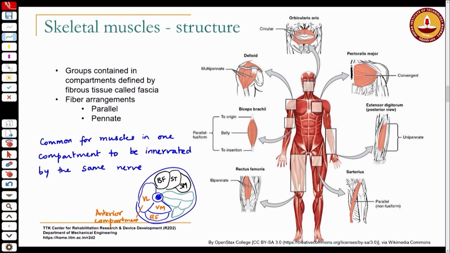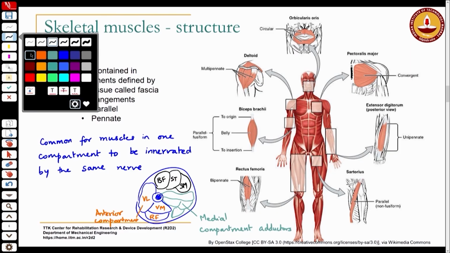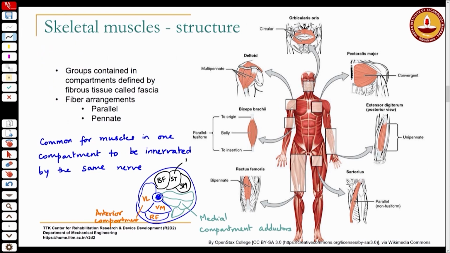So, these would be the medial compartment and they would be the adductors. So, each group would be extensors or flexors or adductors or abductors. And this is your posterior compartment.